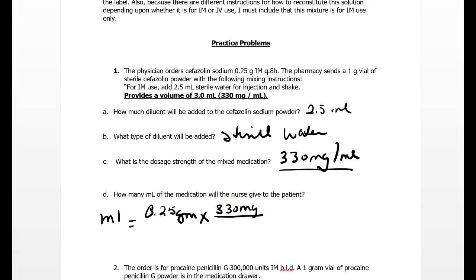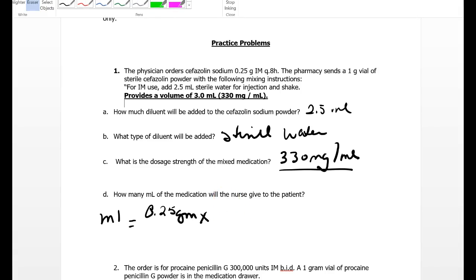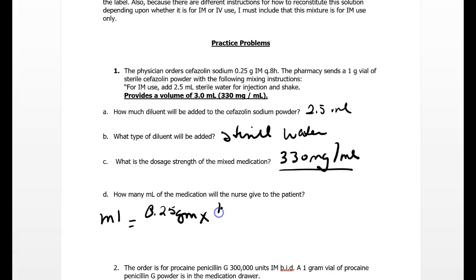We need to have our milliliters on the top. 1 mL is 330 milligrams.